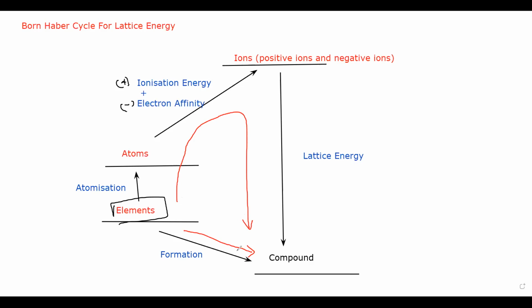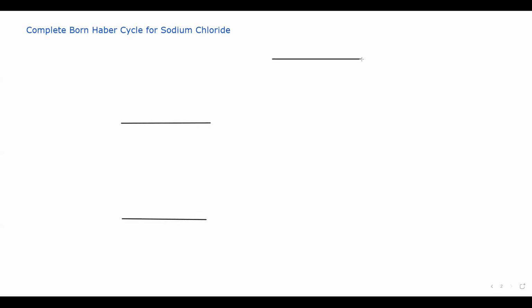So practically, how can we apply this? If I say complete a Born-Haber cycle for sodium chloride, you have to learn first the order. First we have element, then we have atoms, then we have ions, the positive and negative ions, and here we will have compound.